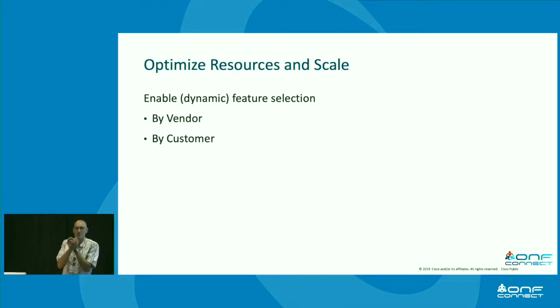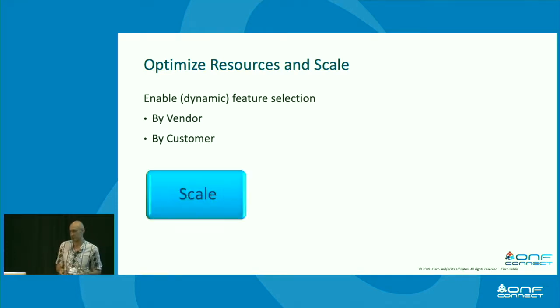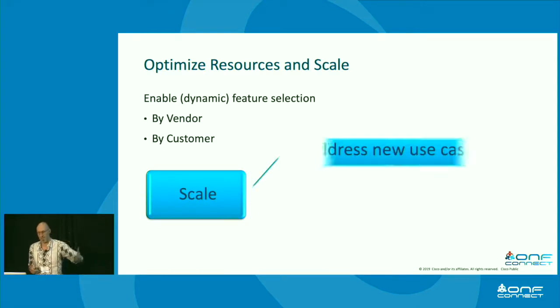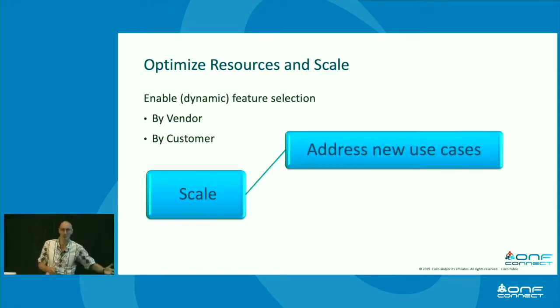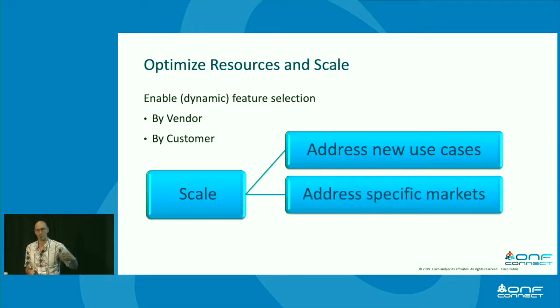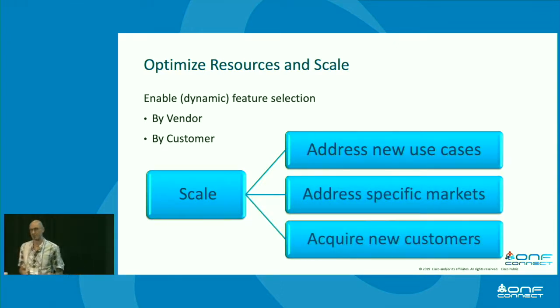That's just the minimized set of features that the customer is interested in, and so all of the resources of the chip can be used for that. So this enables devices to achieve higher scale and so address new use cases that weren't possible to address with traditional fixed function ASICs, address specific markets and consequently acquire new customers.